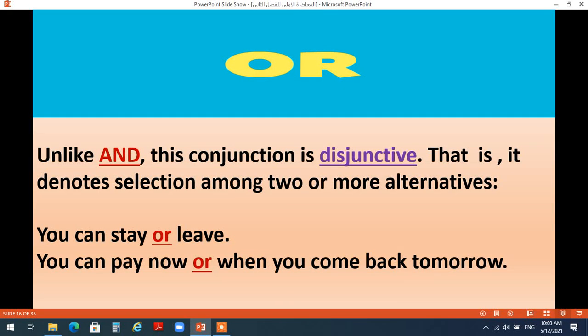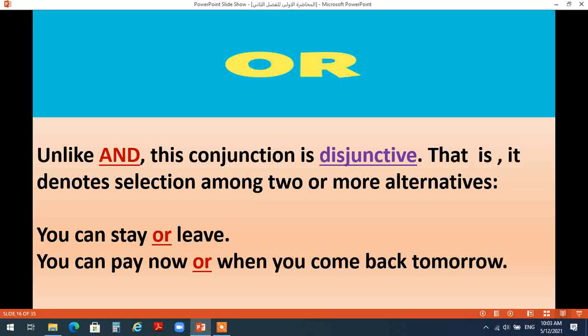For example you can stay or leave، يعني you have only one option، إما أن تبقى أو أن ترحل. You cannot do both at the same time, so you have to choose. That's why we call or a disjunctive link.